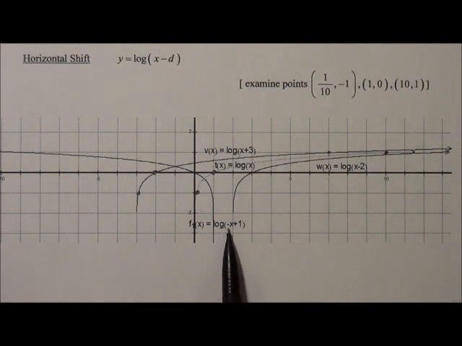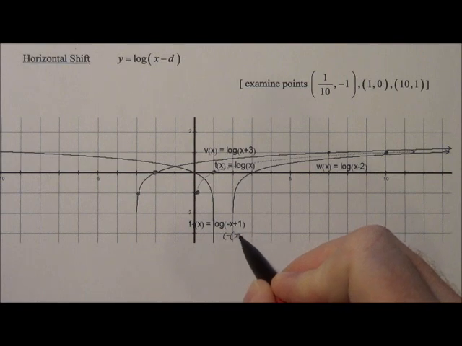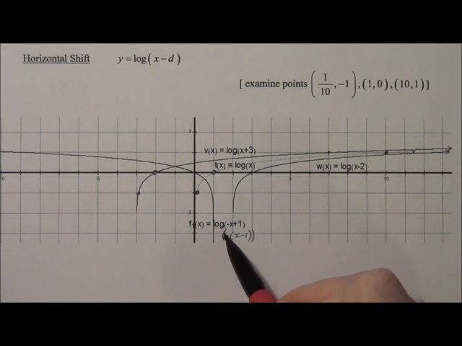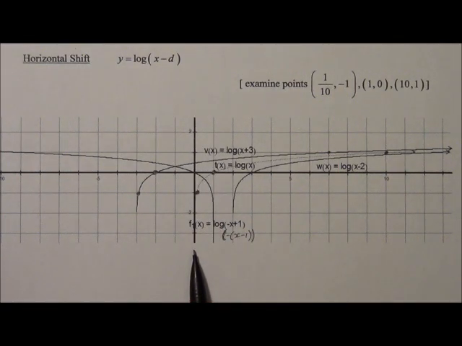And this graph is log of negative x plus 1, and generally we factor out that negative, so it becomes negative x minus 1. So it's been reflected in the y-axis and then translated to the right 1.